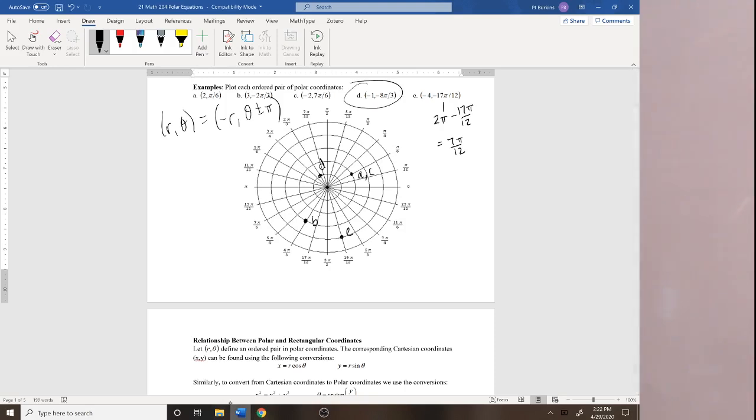Alright, let's find D. So radius of 1, that puts us on this here. And then negative 8 pi over 3. So again, this time we've got to do 4 pi minus that. Because 2 pi is only 6 pi over 3, right?